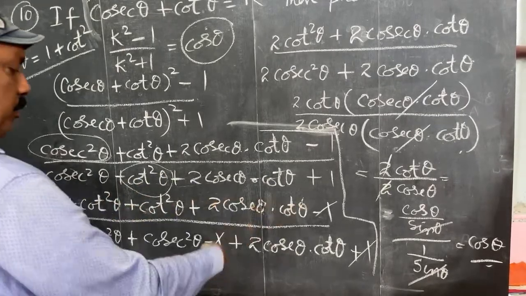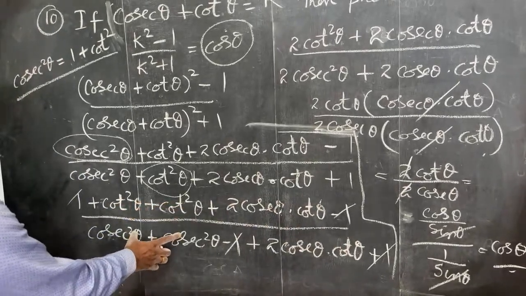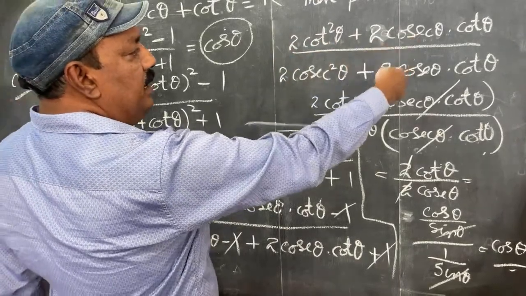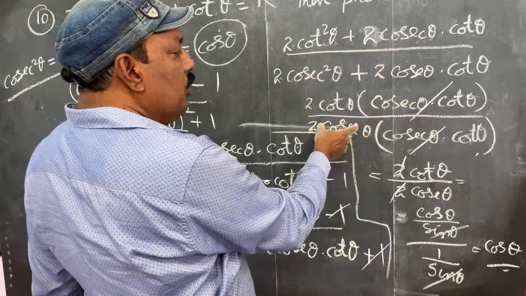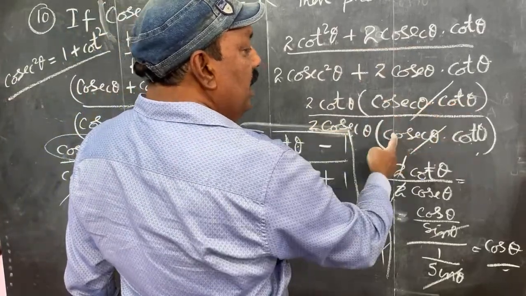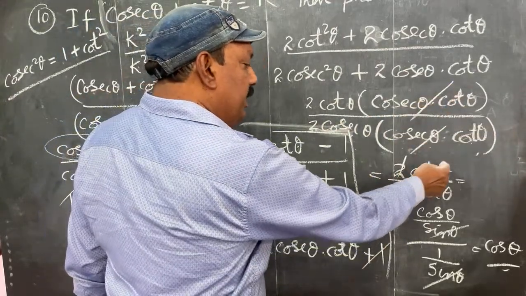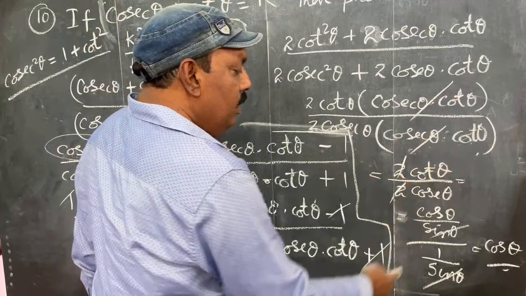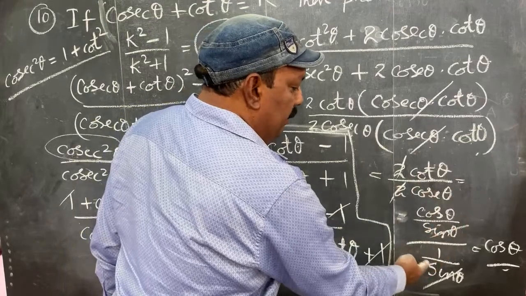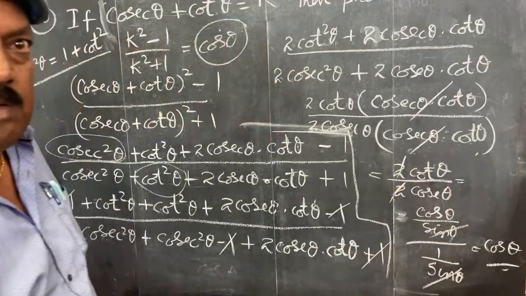Now 1 is going to get cancelled in both, and here cot square is 2 times, here cosecant square is 2 times. That first 2 cot square, 2 cosecant square is got, and 2 cosecant theta cot theta. Now 2 cot theta, 2 cosecant theta I am taking as common, and here in the bracket cosecant theta plus cot theta, cosecant theta plus cot theta. Both are going to get cancelled. Left over is 2 cot theta by 2 cosecant theta. 2 cancels, and cot theta I am converting as cos theta by sin theta, cosecant theta I am converting as 1 by sin theta. Sin theta cancels, cosecant theta is the final solution for it.